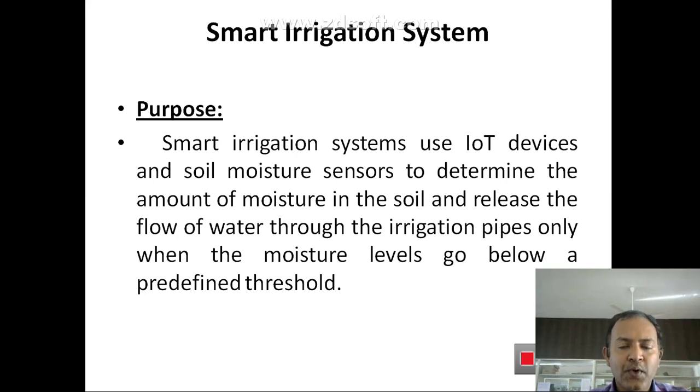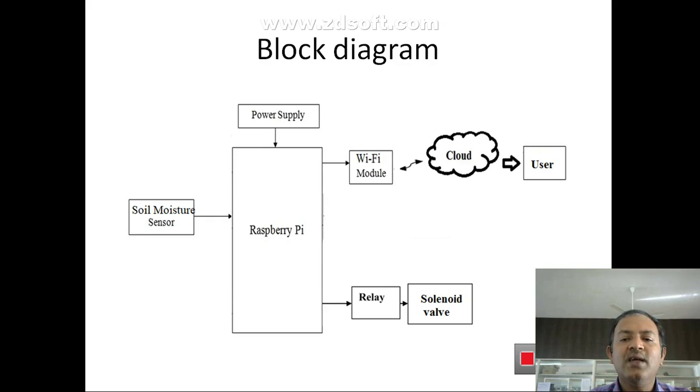This is the program you are going to use, and finally you are going to use this particular application. This is the entire block diagram. The sensor you are using here is only one, the soil moisture sensor. The main thing is the predefined value; you just set a value.